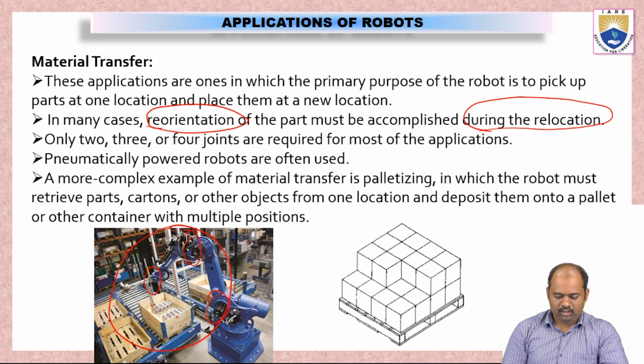Now, pneumatically powered robots are often used for these applications. We know a pneumatic cylinder and piston arrangement can create linear motion using compressed air. When compressed air is pushed into the cylinder, the piston inside the cylinder will move in or out. But the pneumatic cylinder arrangement creates a jerk motion.